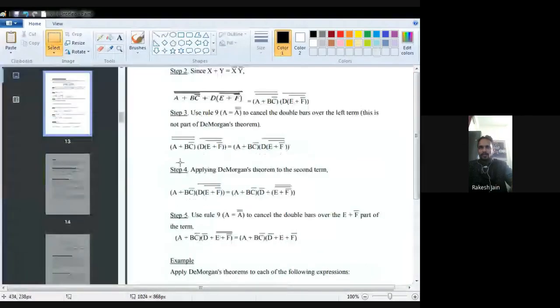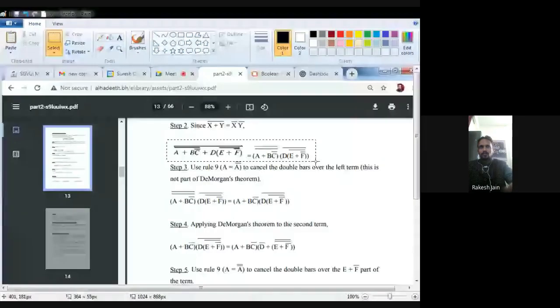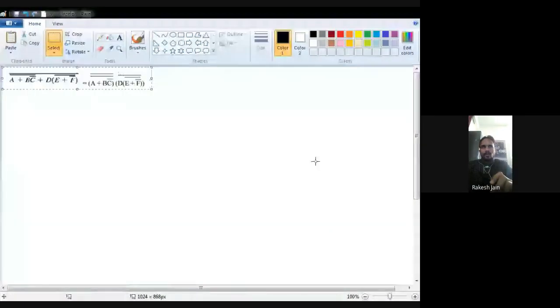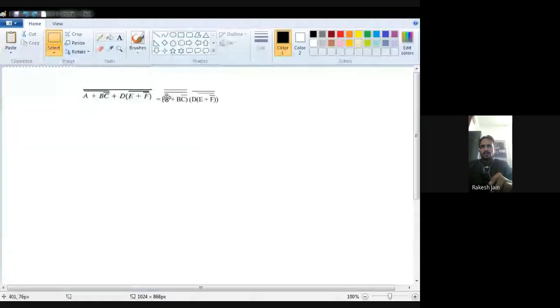Let's suppose there is an expression, for example this one is my expression. Let's suppose there is an expression which we have to solve, and find out the correct answer of the output.